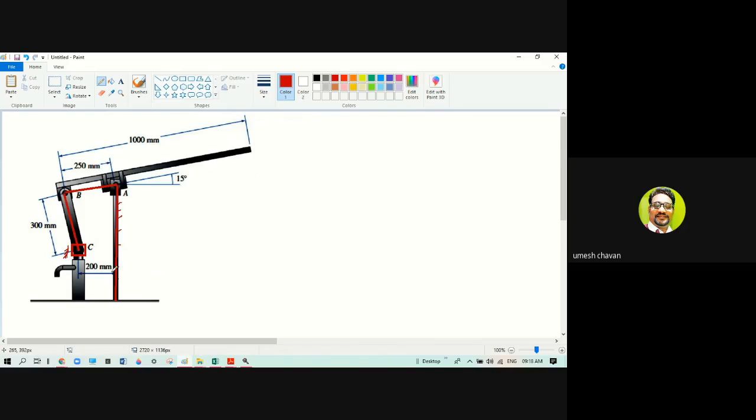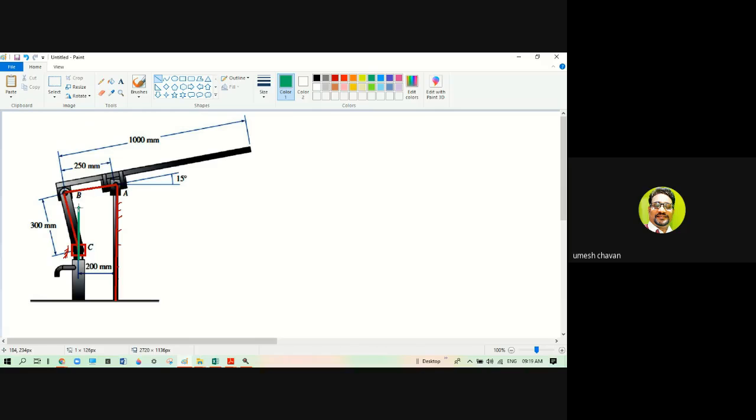And if you see the line of reciprocation of the cylinder, it is this. The line of reciprocation of the cylinder is this vertical line, the center line. This is the line of reciprocation.